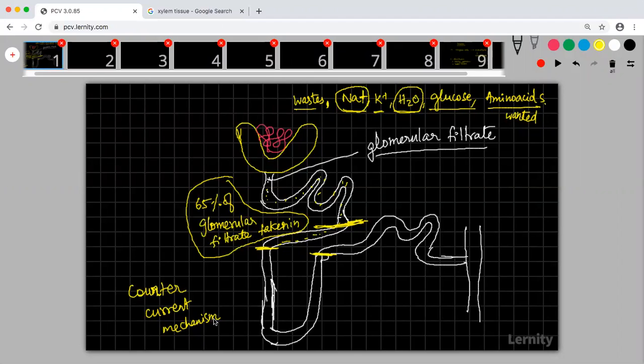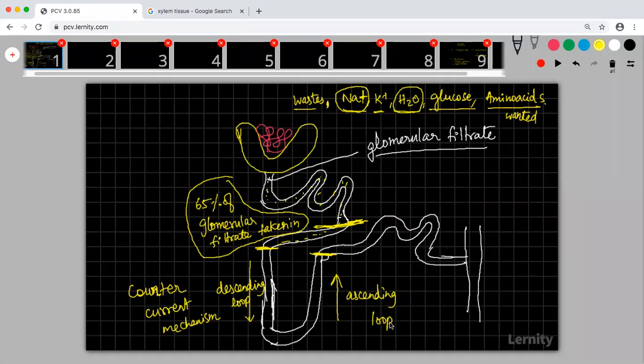This is what I'm going to teach you now. So this is called the descending loop, and this is called the ascending loop.